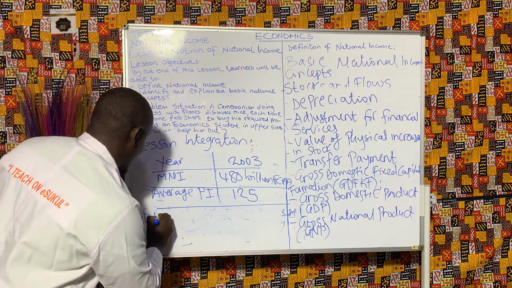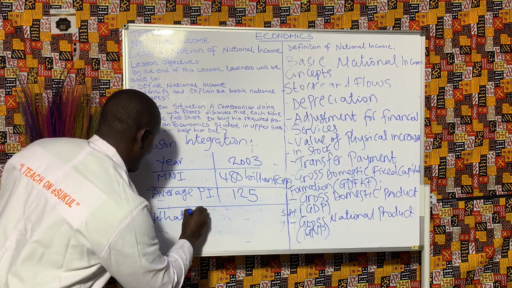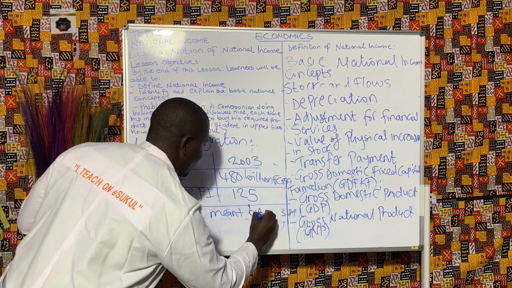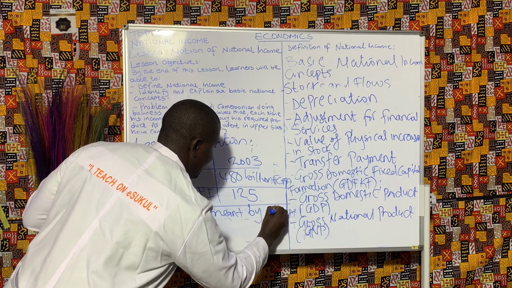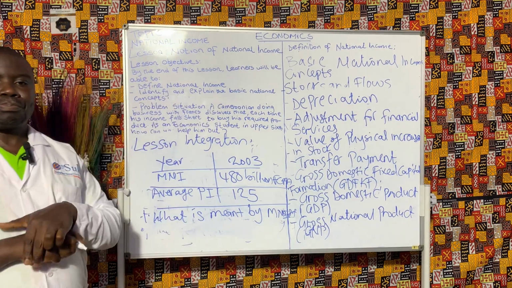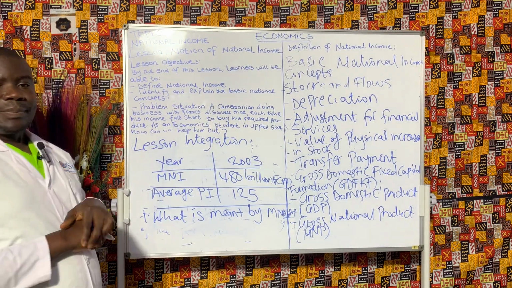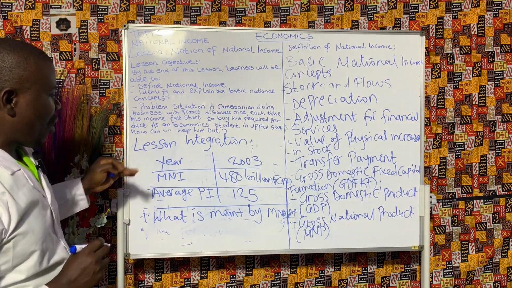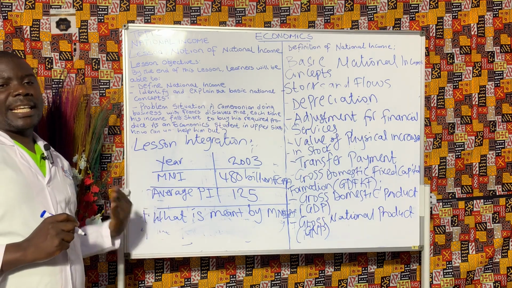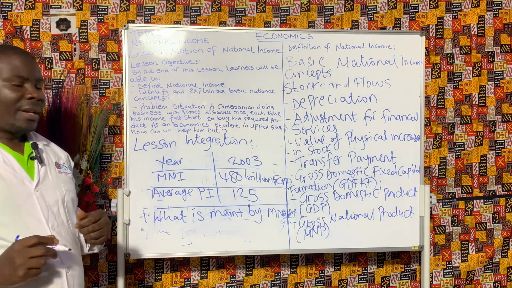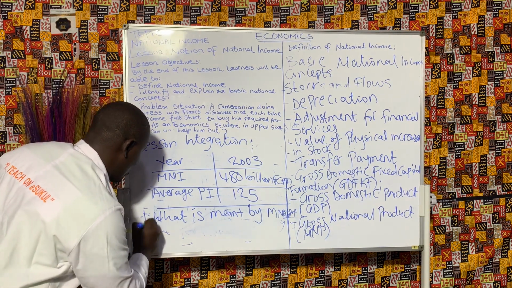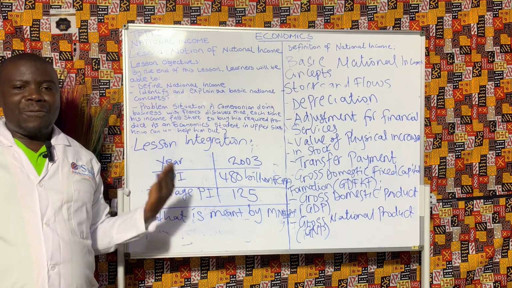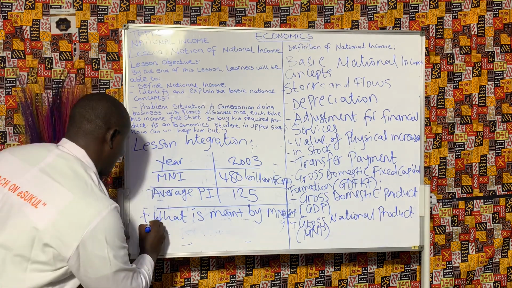Now, we have as a task in front of us, from this figure, question number 1: what is meant by money national income, as seen on the table? Question number 2: provide Mr. Chofo the information he needs.